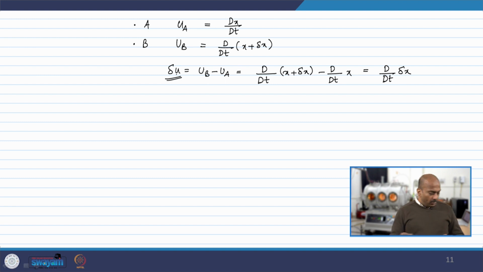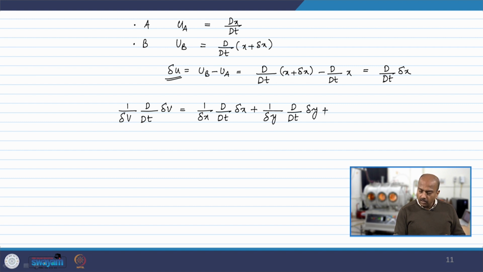Okay. So, we can now write 1 by delta v d by dt of delta v is already 1 by delta x d by dt of delta x plus 1 by delta y d by dt of delta y plus 1 by delta z d by dt of delta z, which is nothing but d by dt of delta x, right? This is nothing but delta u.